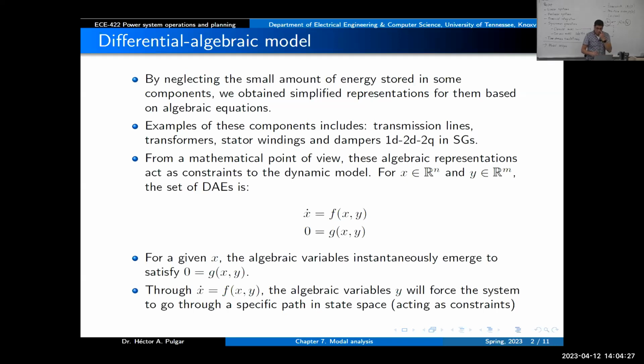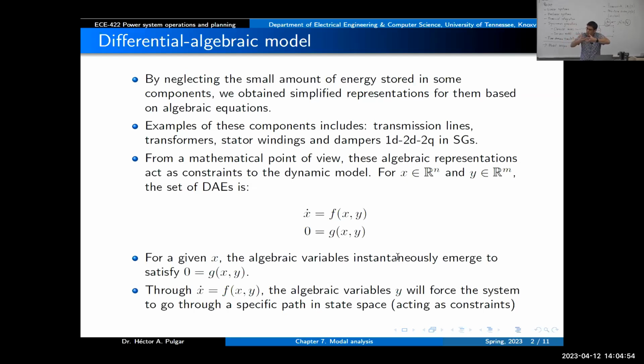Now, if we're going to study the behavior of this, then we have one complication already. Because what we studied before in chapter 3, we studied nonlinear systems, and we applied our knowledge of linear systems. What did we do? First of all, we found the equilibrium point, and around the equilibrium point we linearized the system.